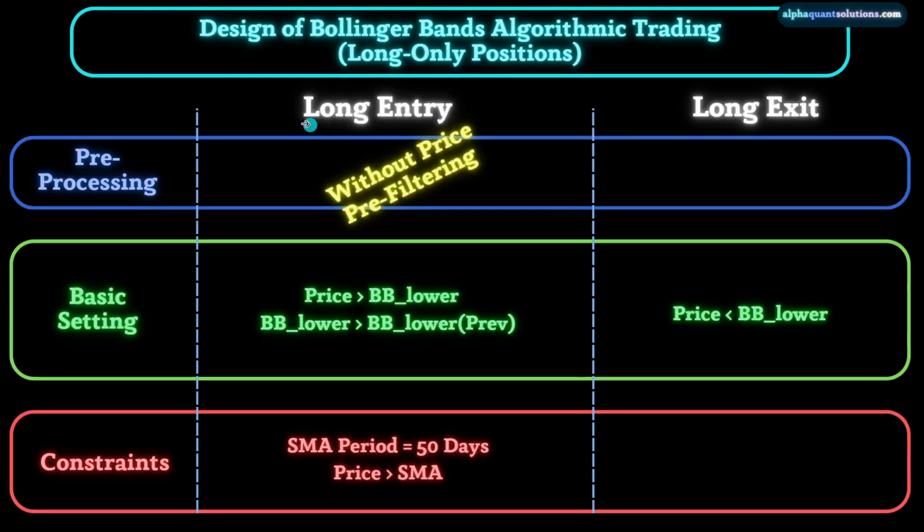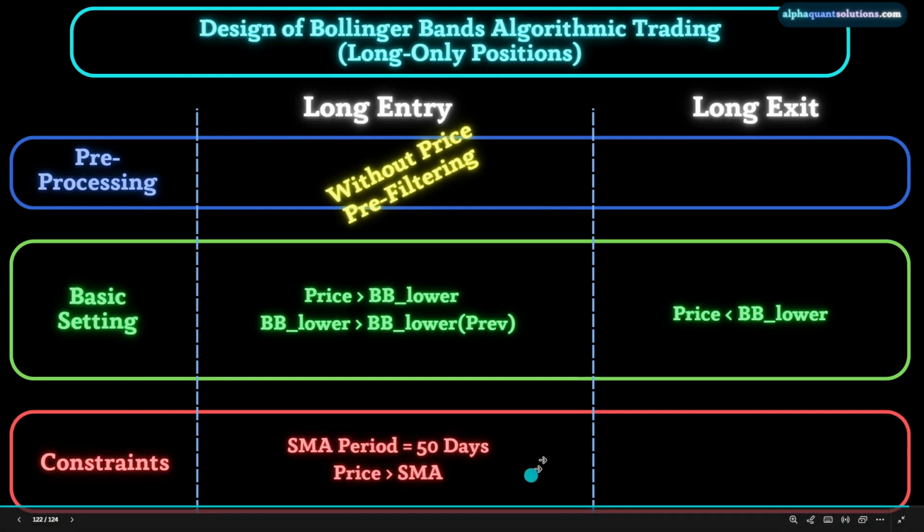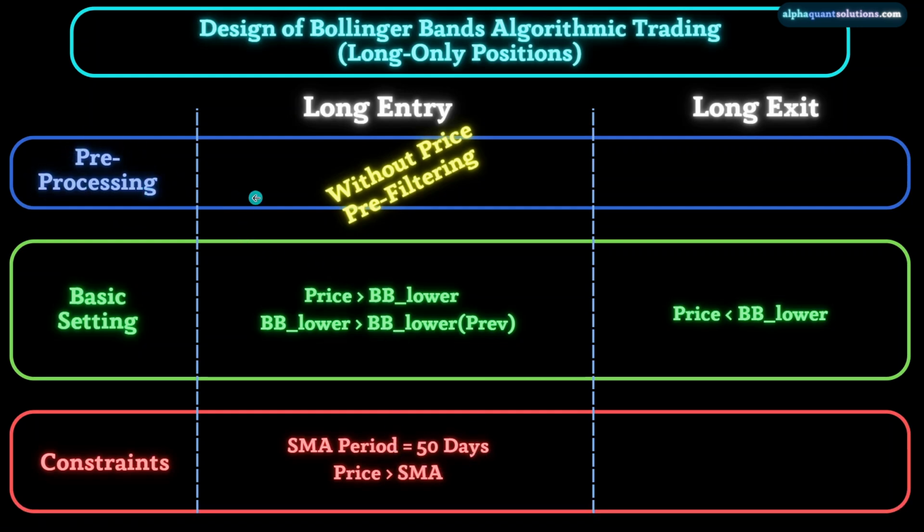Now, the next analysis that we will perform is to keep exactly the same algorithm with the same parameters, but remove the pre-processing step. So we will remove the filtering part that was used in the long entry logic, and now we will just use the Bollinger Band signals derived directly from the unfiltered original price.